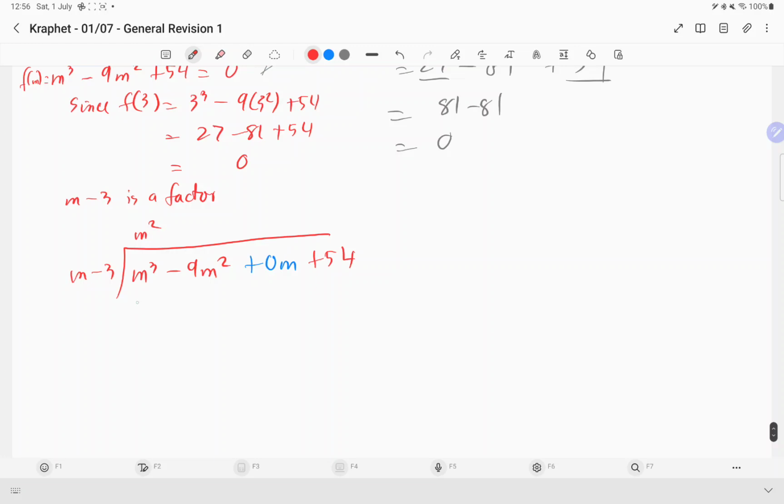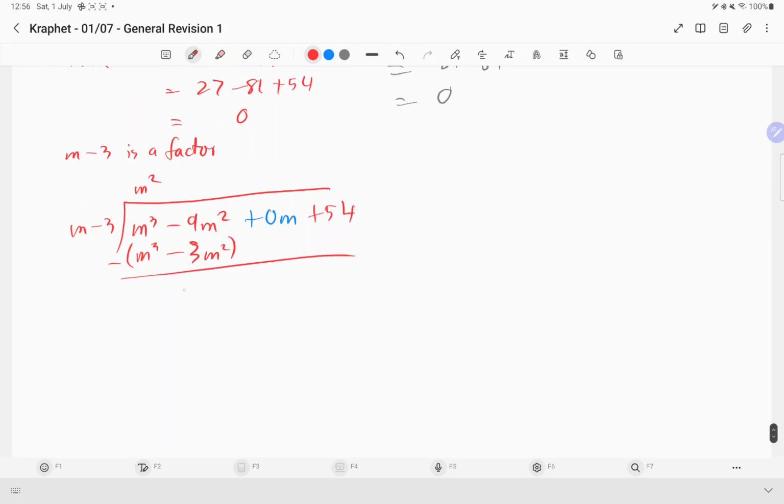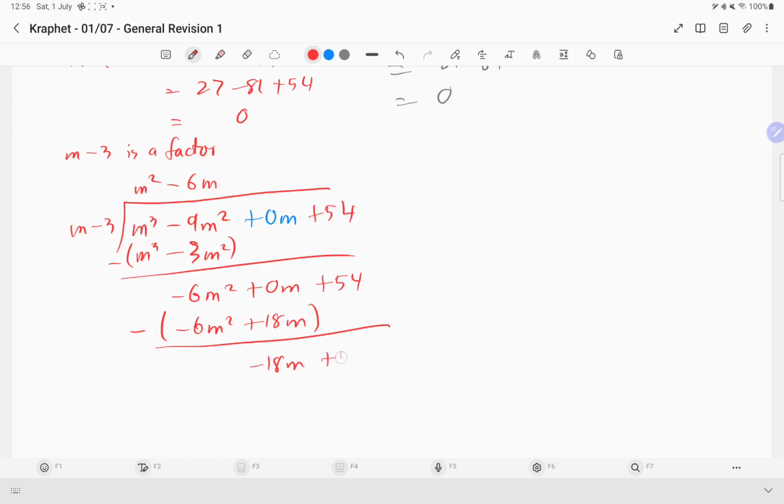So that would be m squared here, times it down, m cubed minus 3m squared. Do the subtraction, so write it that way. Subtract negative 3 is plus 3, so that's negative 6m squared, plus 0m plus 54. So the next one will be negative 6m, times it back down here, would get me negative 6m squared plus 18m, and then once again I subtract all of that, so that would be minus 18m plus 54.